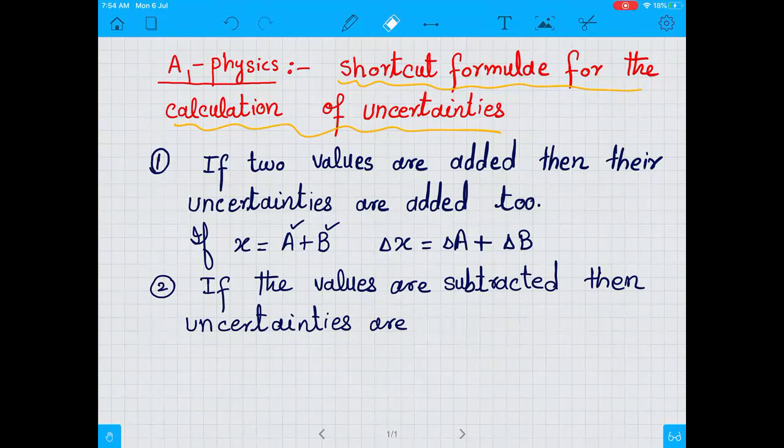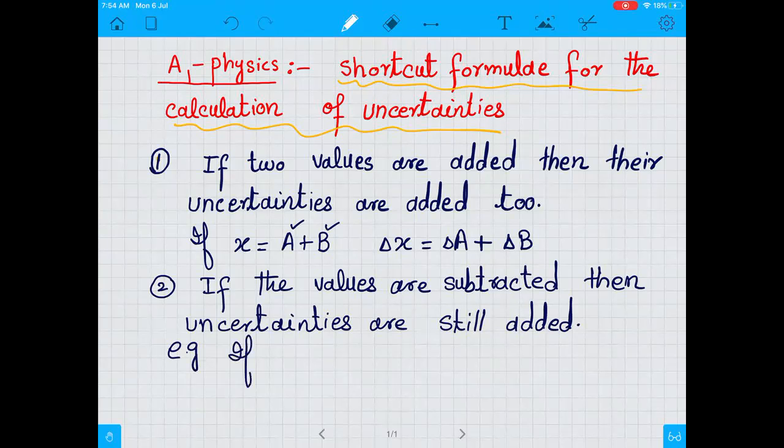So even if you subtract the values, the uncertainties are still added.